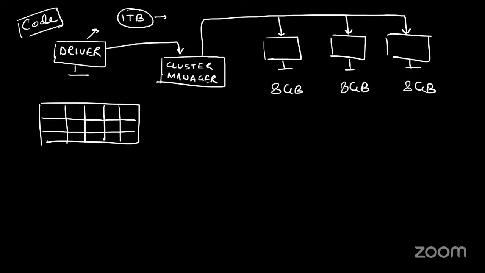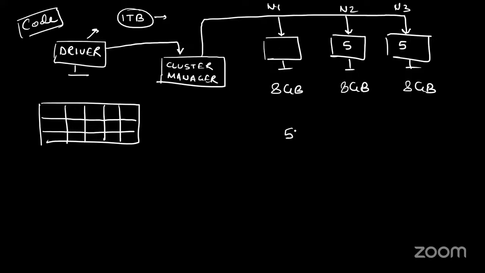Now what happens is the driver will send 5 GB to each of these nodes. The cluster manager will keep an eye on which node becomes idle. Let's say these nodes are N1, N2, N3. Let's say N1 processes the data first and it is empty now.